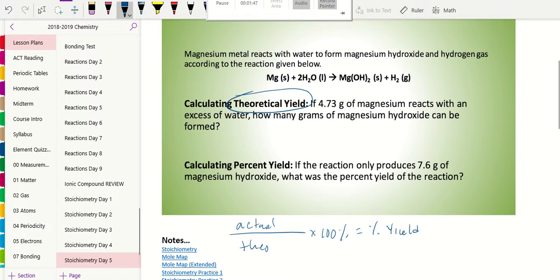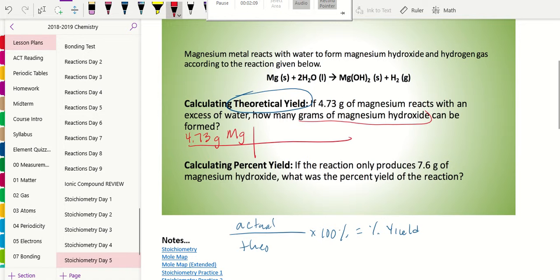So we're going to start here with 4.73 grams of magnesium. What are we converting to? Moles to... Nope. What's our ending place?